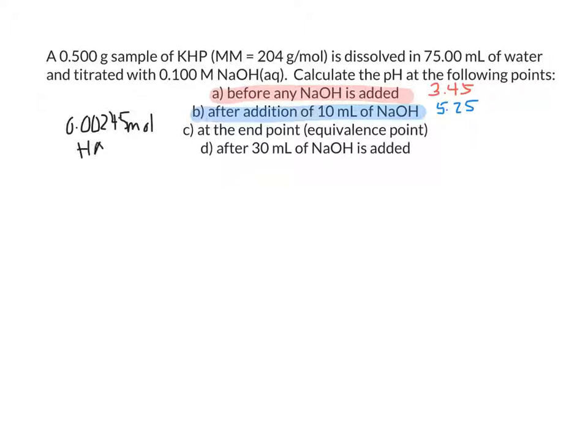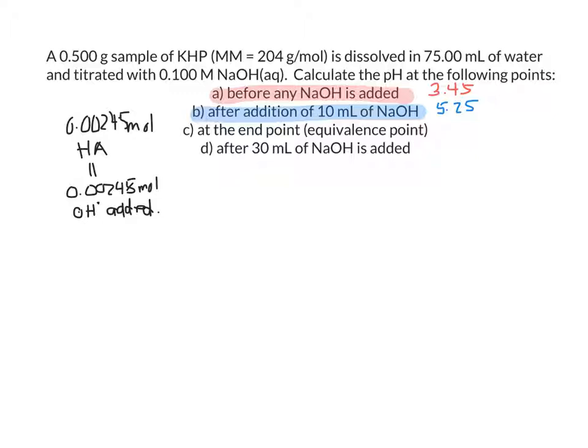And so we're going to need to add that number of moles of sodium hydroxide because the KHP and the sodium hydroxide are in a 1-to-1 ratio. So we need to add that many moles of OH minus to get to the equivalence point.